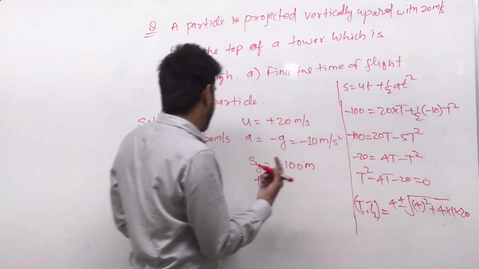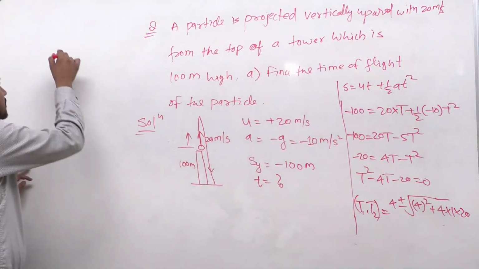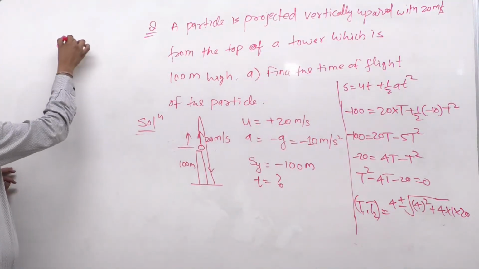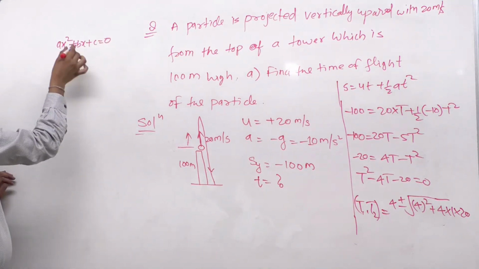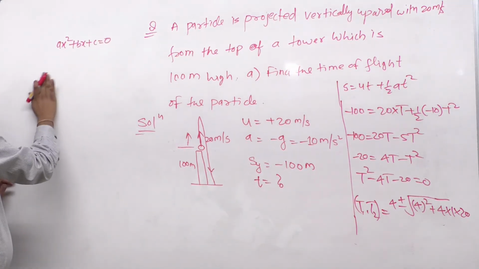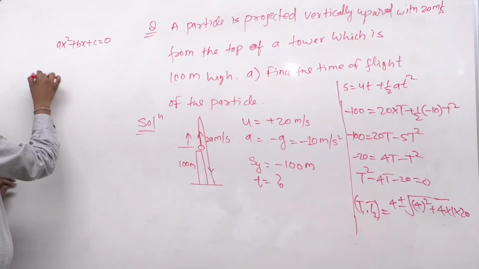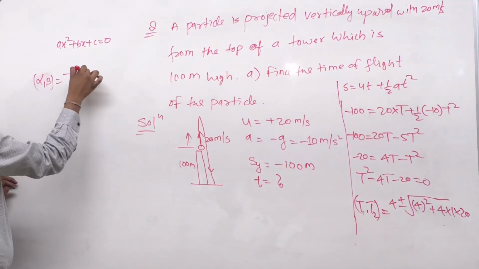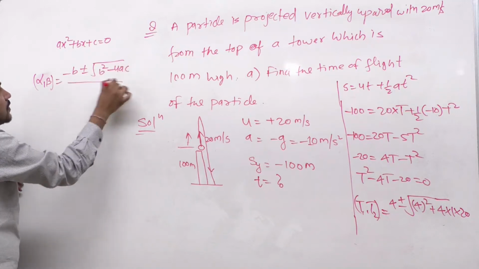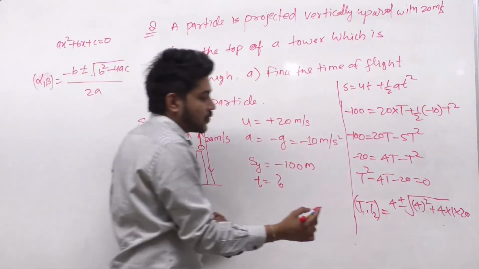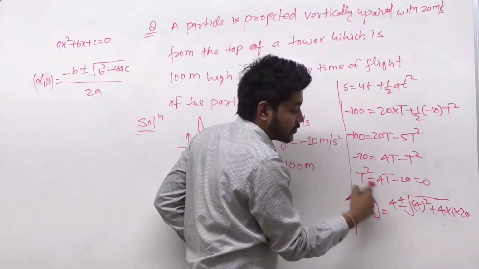b square minus 4c. I'll write over here how we solve a quadratic equation. If there is a quadratic equation ax square plus bx plus c equals 0, then to solve this equation, the roots alpha and beta will be minus b plus minus root of b square minus 4ac upon 2a. The same result I am using over here, minus b, minus because it was already minus.